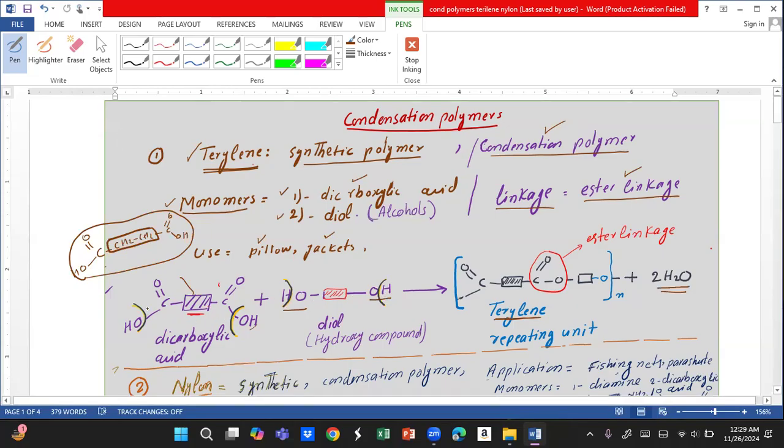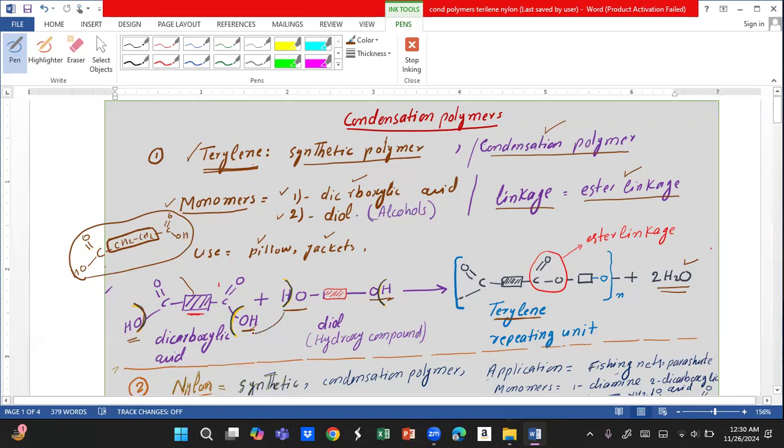Let's see. First, remove the OH of COOH from this side and hydrogen from this side and make one water molecule. Then, on the other side of the box, we have again the OH group, the hydroxyl group from the carboxylic group, and H, which is hydrogen from the hydroxyl group.